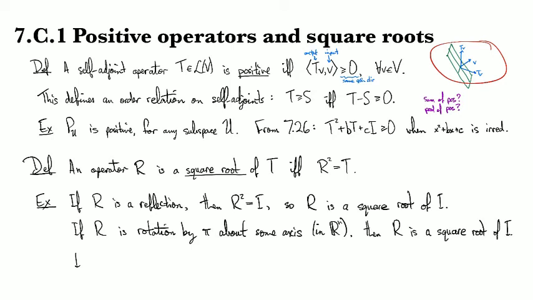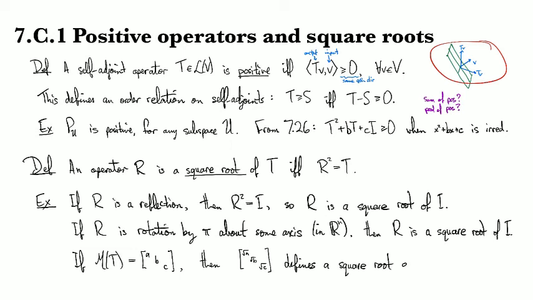Let's look at it in terms of matrices. If the matrix of T is diagonalized, with entries A, B, C, then the matrix with entries root A, root B, root C defines an operator which is a square root of T. Note here that you can pick either value of the square root.